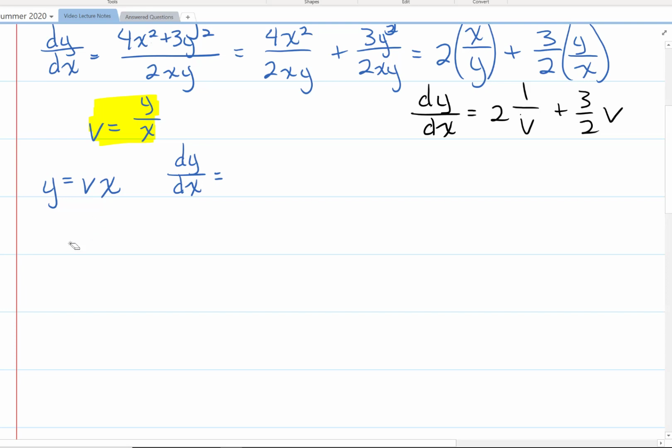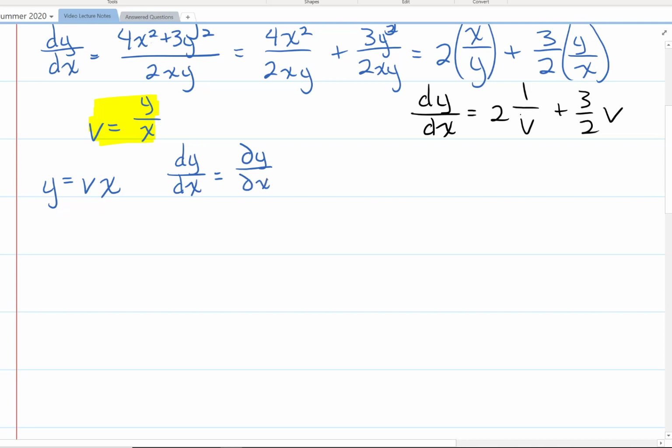Okay, but we use what's called the multivariable chain rule. All right, and we're going to use partial derivatives. So here's what this is going to look like when we do this. We're going to take the partial of y with respect to x.